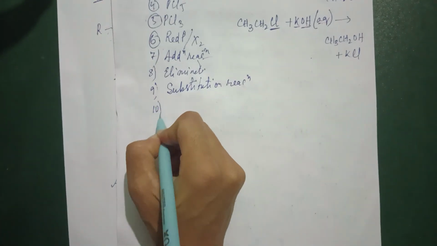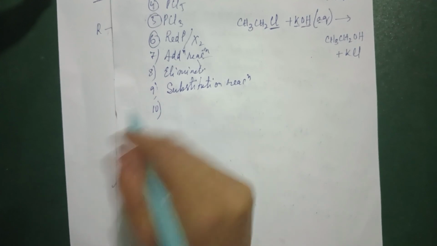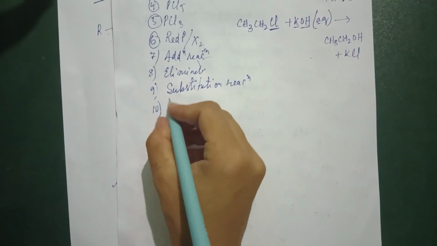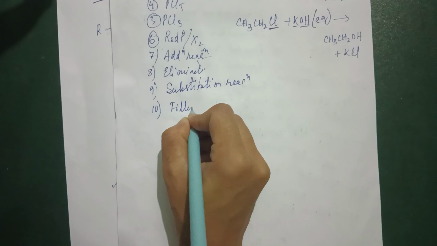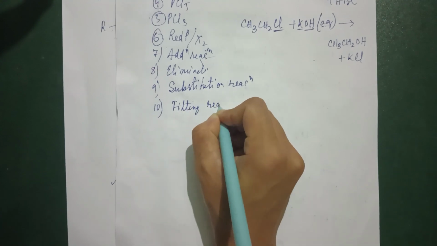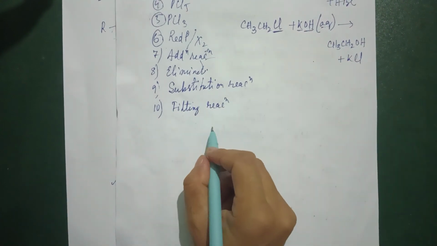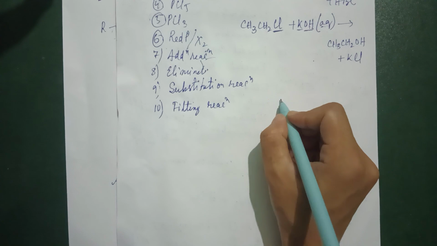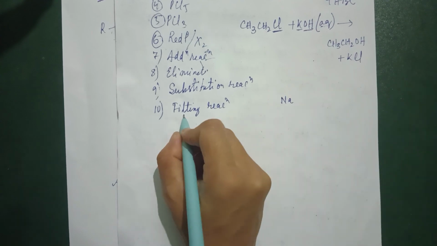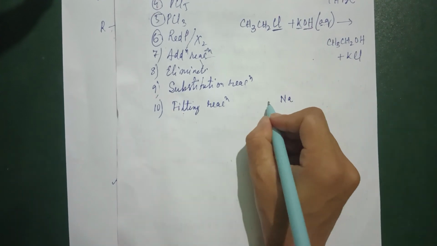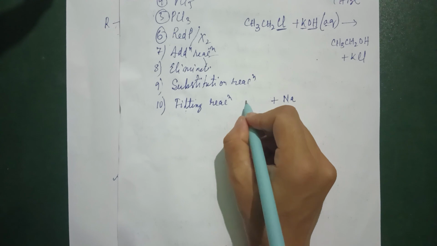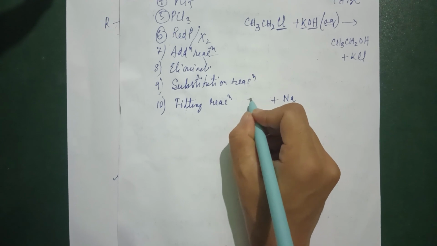Now let us go to the name reactions, like the Fittig reaction. When we say Fittig reaction, remember the Wurtz reaction. Wurtz reaction includes what? Sodium. This also will include sodium. In the Wurtz reaction it was with a straight alkyl halide, but this will be with the ring halide.